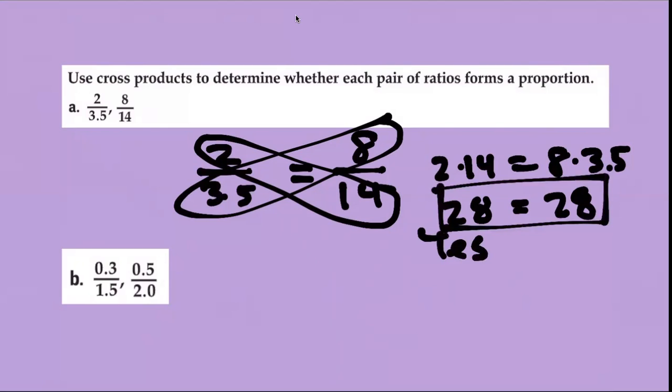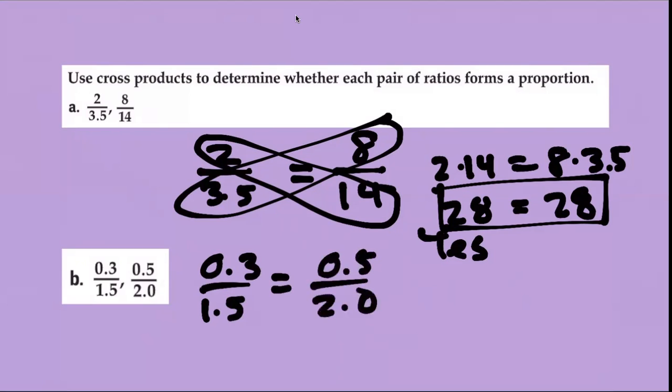And when you're doing these, I want you to show your work, and I want you to do exactly what I'm doing. All right, let's look at B. We're going to set it up as if they are 2 equivalent ratios.